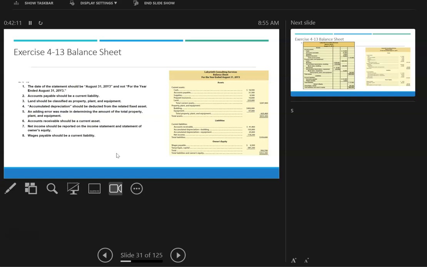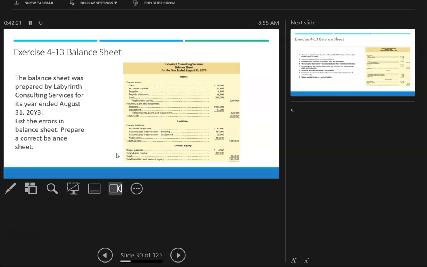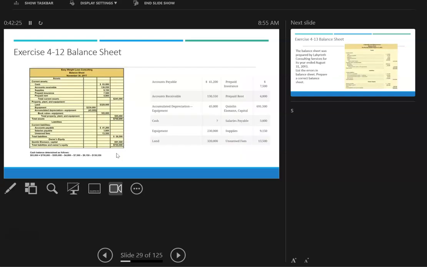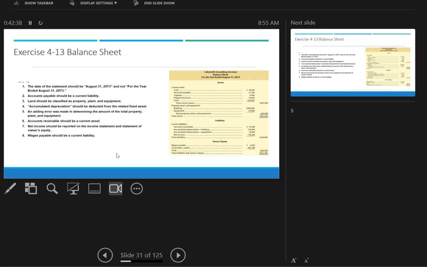And accumulated depreciation equipment should be attached right below the equipment to get the net property, plant, and equipment, right? Kind of like here. Do you see where you see the equipment and then you see the accumulated depreciation equipment? Do you see how they net out? That's how it should be.